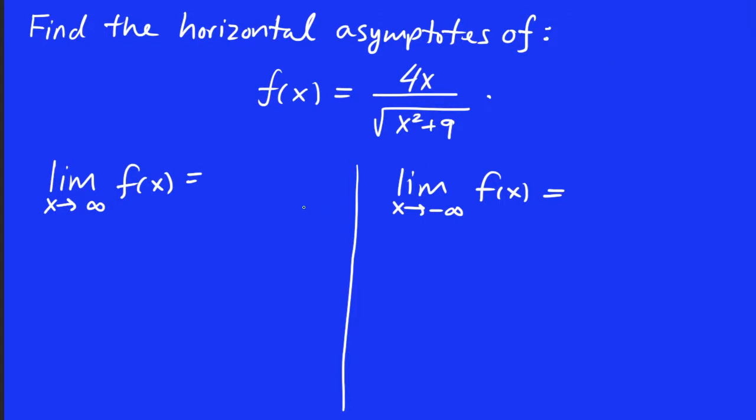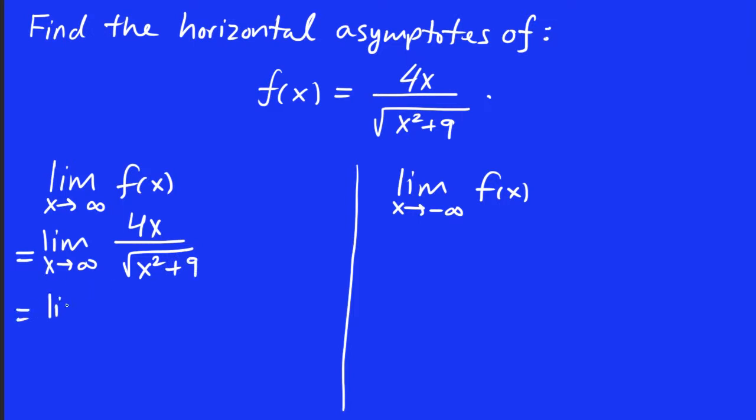All right, let's calculate these two limits. Why don't I write my equal sign here instead? Okay, so let's substitute the formula in there. Now when x goes to infinity, x is positive, right?